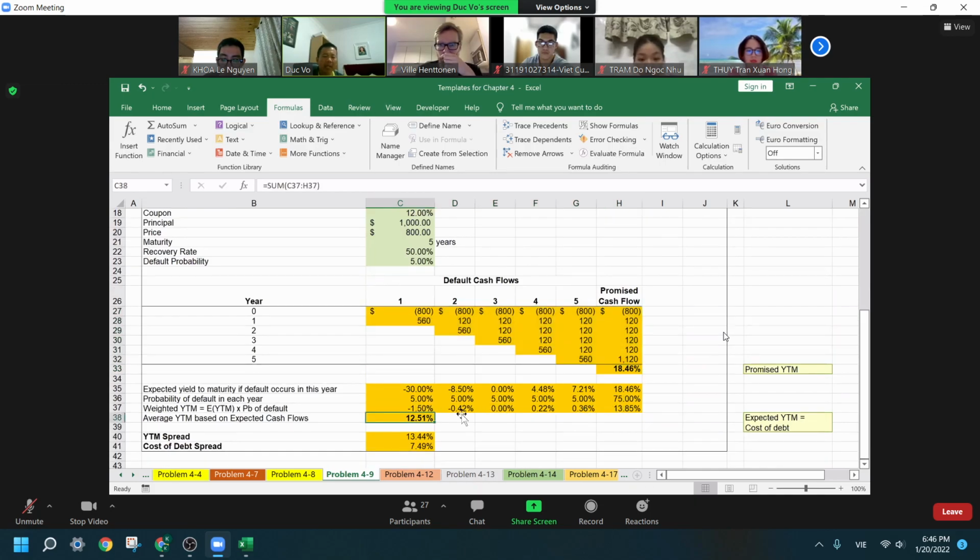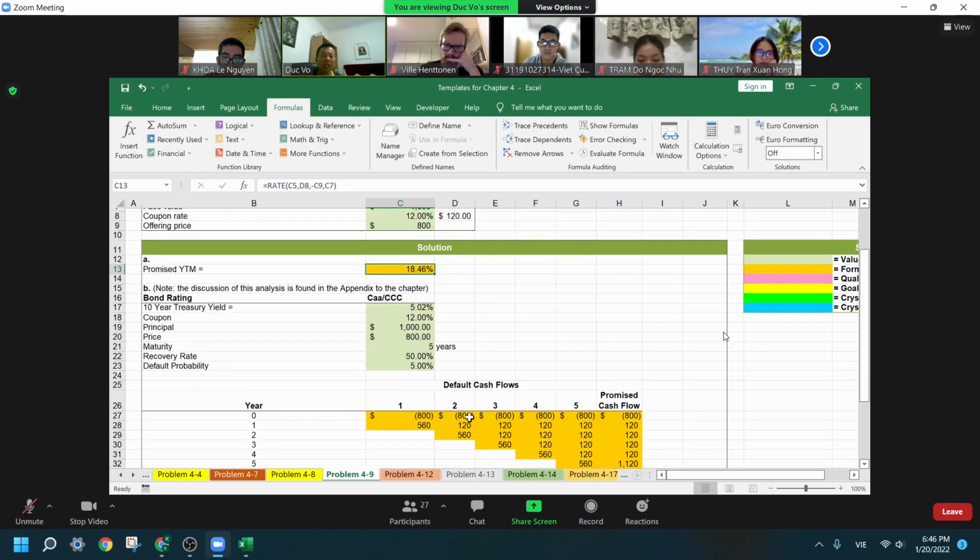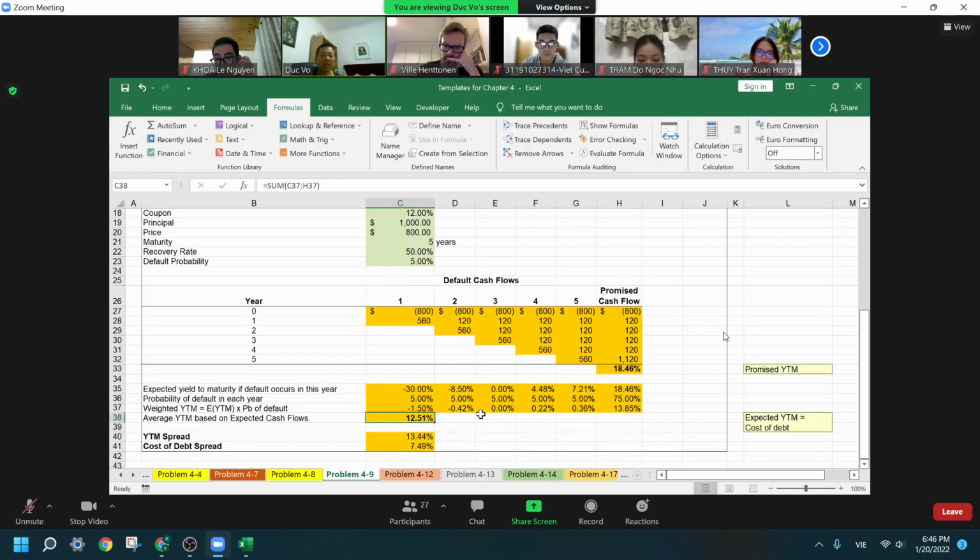When you take that into account, you see that your return when you invest in the bond is not that high, 18.46%. It is only 12.51% if you take into account the possibility the bond will go bankrupt along the way. So that is the meaning of the exercise.